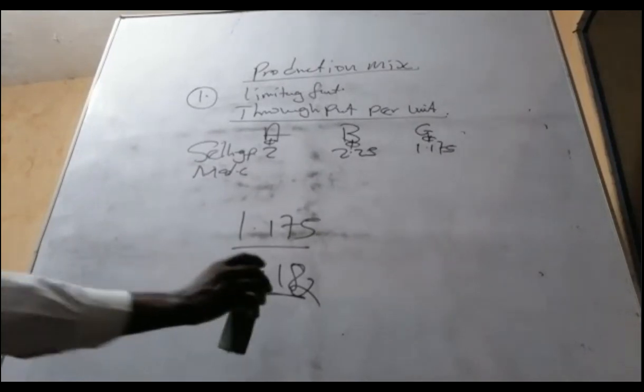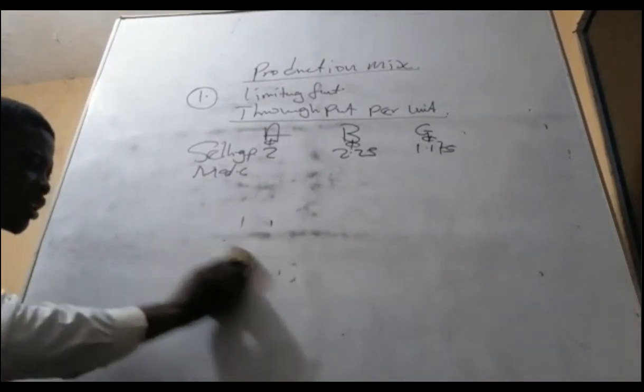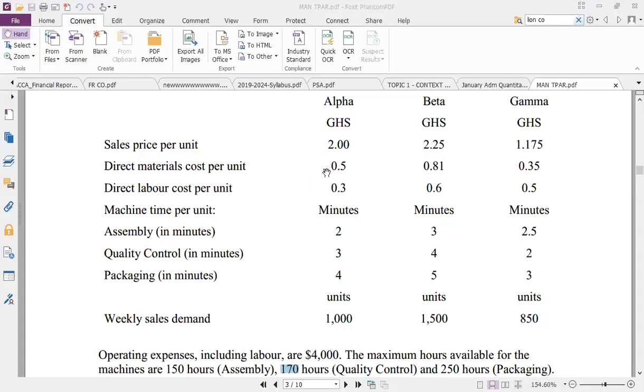Good. Okay, so let's look at the material cost. The material costs are 0.5, 0.81, and 0.35.